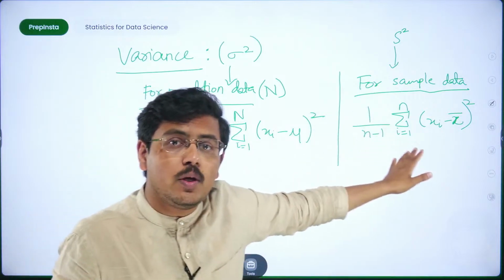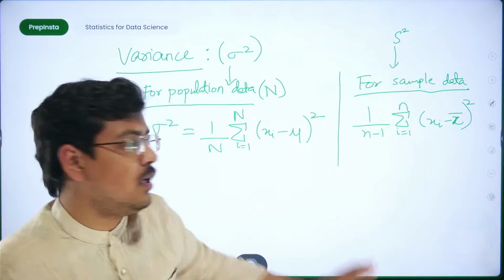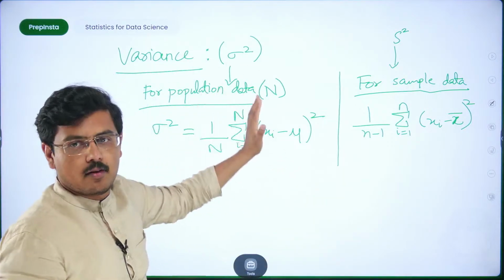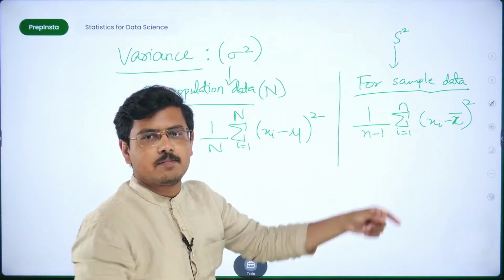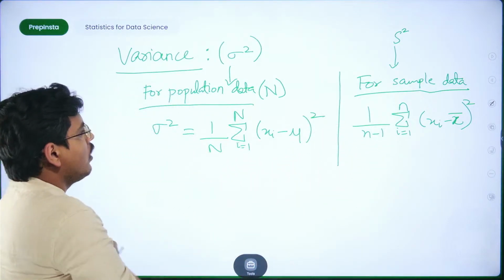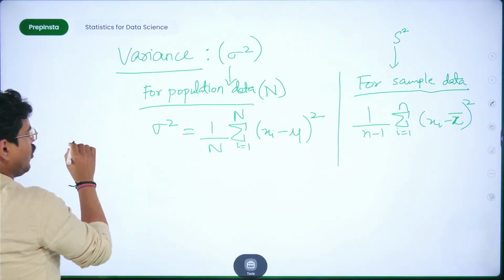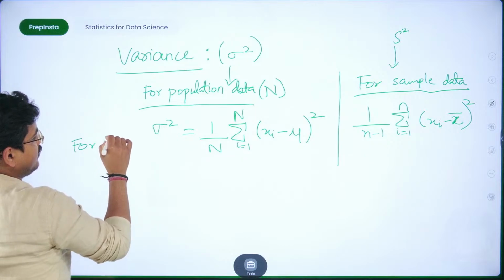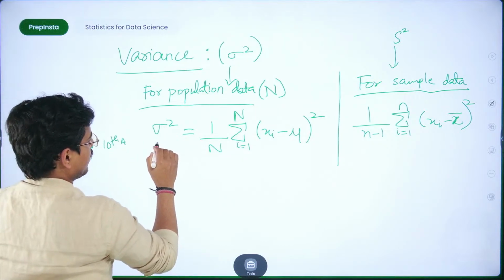Now why are we doing that? What is exactly that? I'll explain you. Wait for that. Let's stay here for a while. Fine. I'll explain you why we need this particular thing. Fine. So now let's go ahead and calculate for 10th A and for 10th B. Both we'll calculate. Fine, for 10th B.